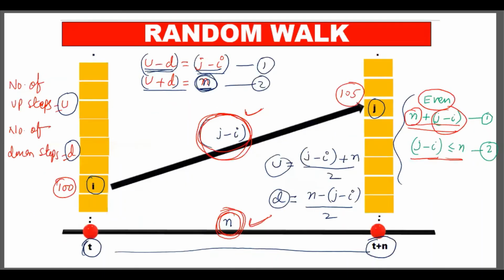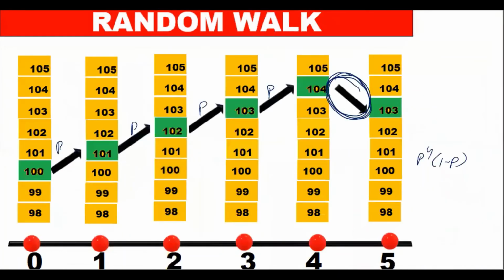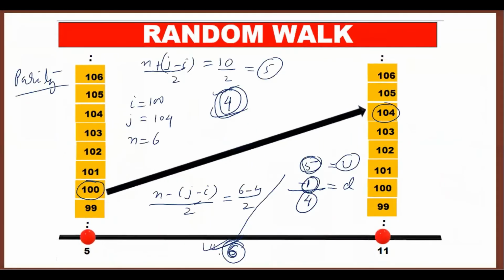So if you are asked to find, for this example, the probability that I will move from i to j, we write it this way: P_ij, i to j. Here i is 100 and j is 104 in n steps, n is 6.